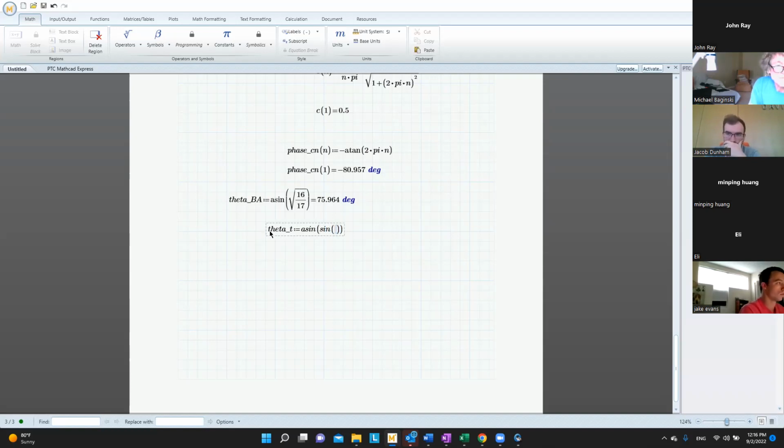There's a shortcut for this, but I'm not going to do it. So I'm getting 14.036 degrees. Can anybody confirm that?